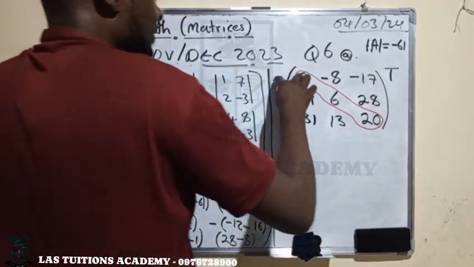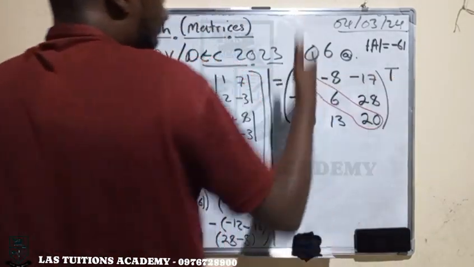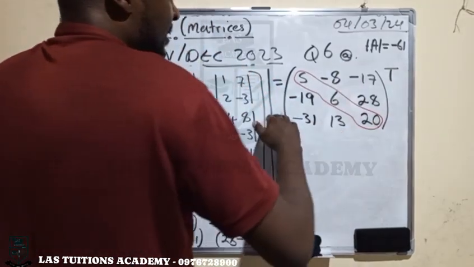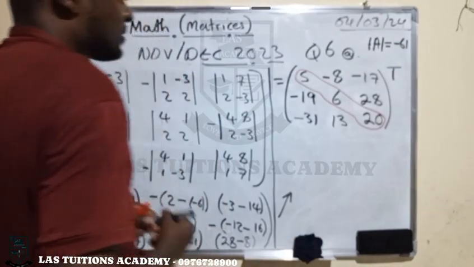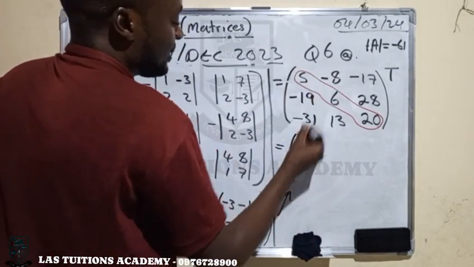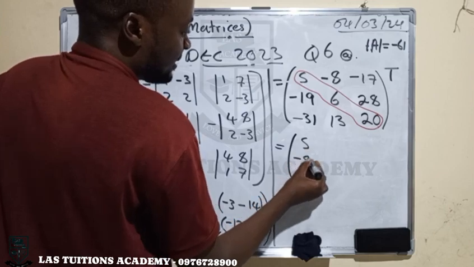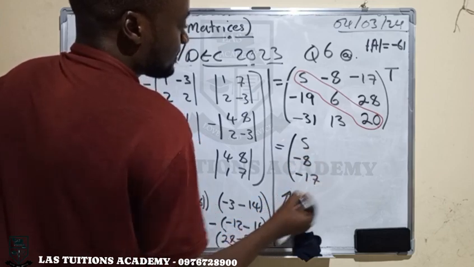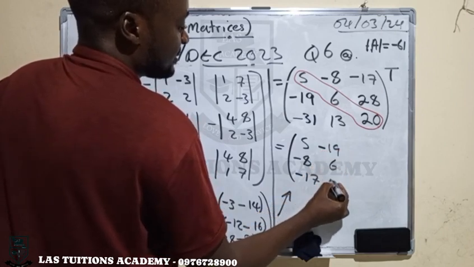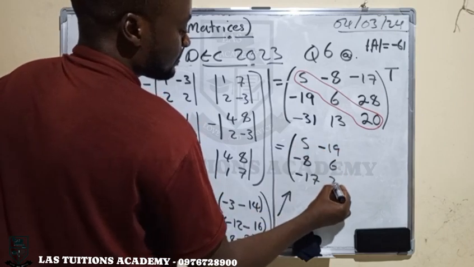What we're saying is this entire row becomes the first column. This second row becomes the second column. This third row becomes the third column. So this is going to give us, here we're going to have 5, negative 8, negative 17. Then here we're going to have negative 19, 6, 28.